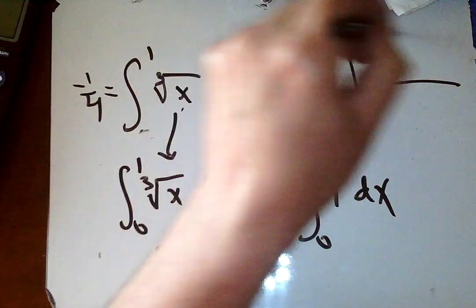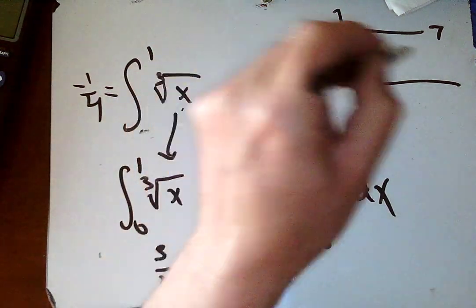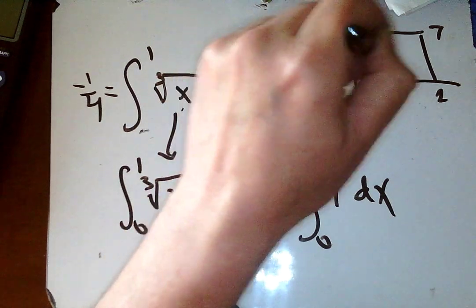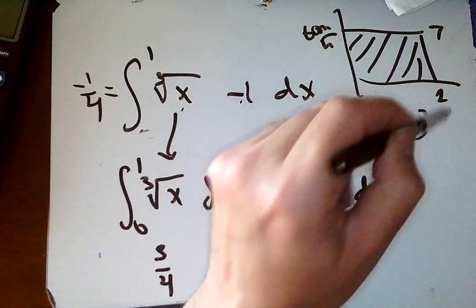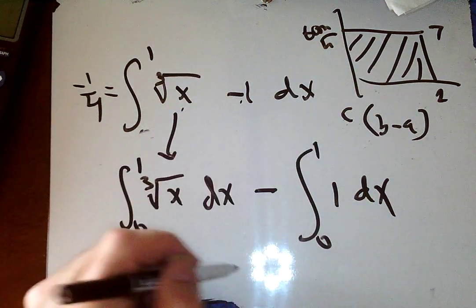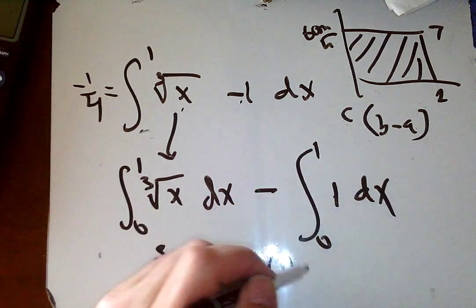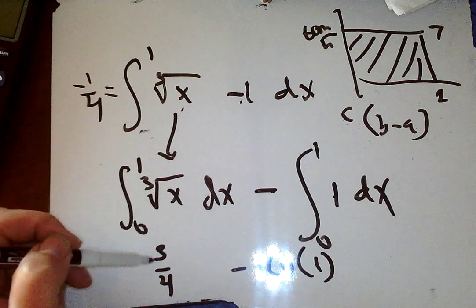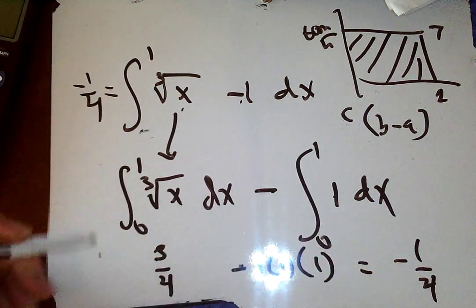Remember when we were doing that 60 miles an hour for 2 hours, and we said, oh yeah, we're just going to do b minus a times that constant to find the area of that, and therefore this integral. So for me, it's going to be b minus a times that constant. And so we've got 3/4 minus 1 or negative 1/4. So we can do it that way as well. Okay? You have freedom of choice.